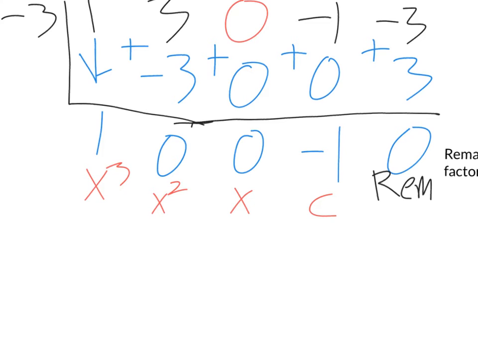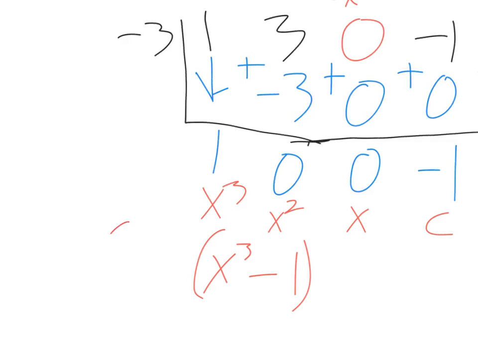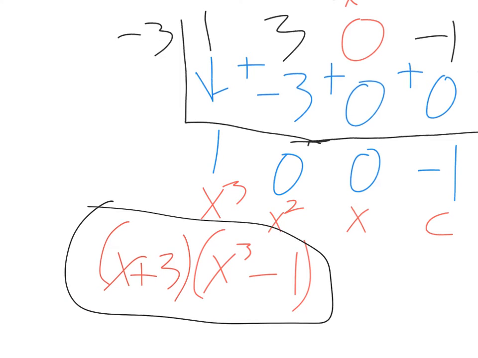So essentially, after I divide it, I'm left with x to the third minus 1, all right? And so if I were factoring this, then you need to put what you're factoring out on the outside. So we're factoring out x plus 3, okay? So ordinarily, this would be the final answer. But there's more. So I'm going to erase this circle.